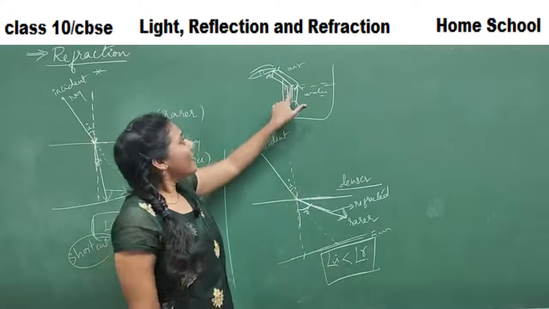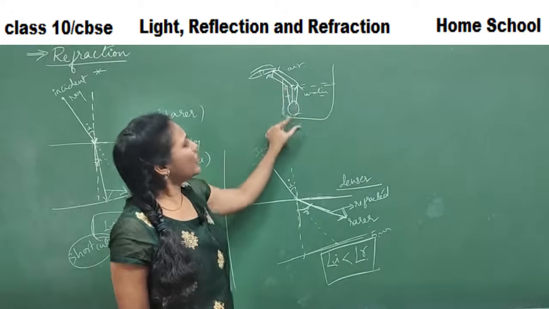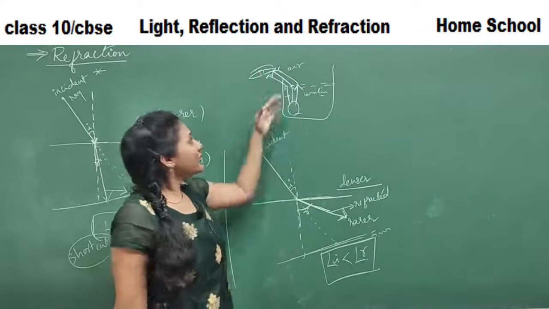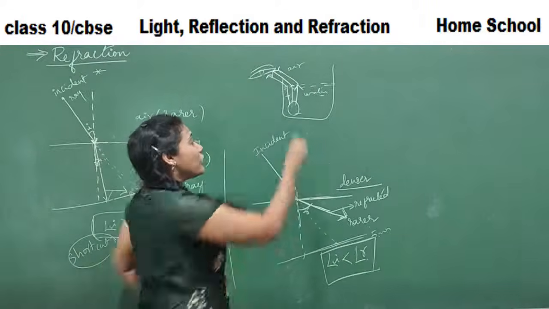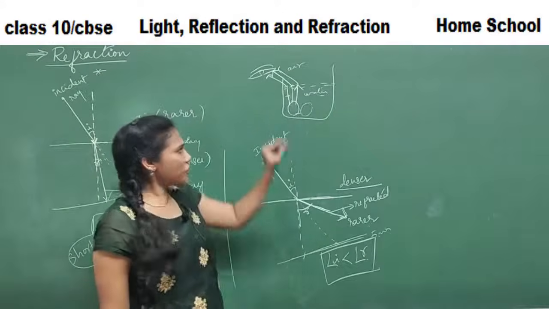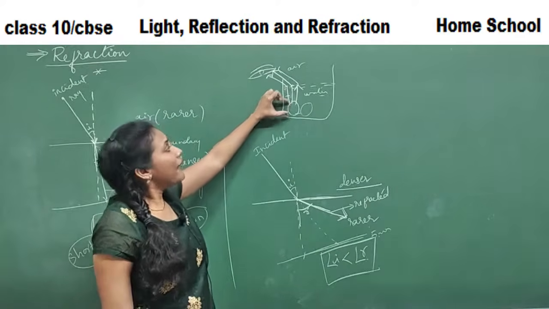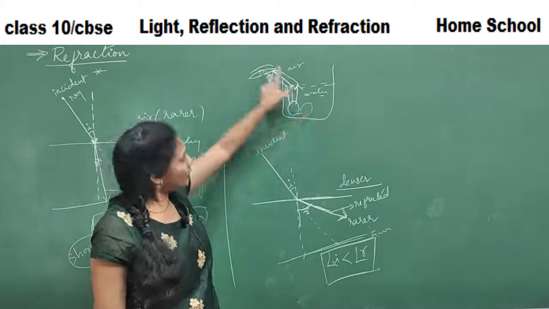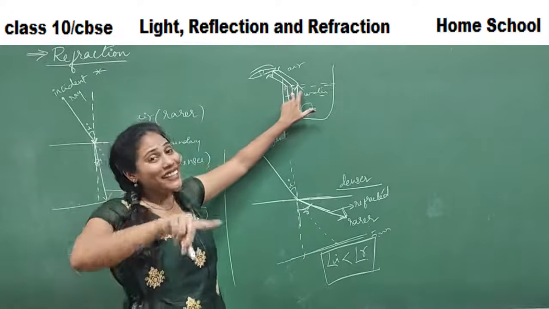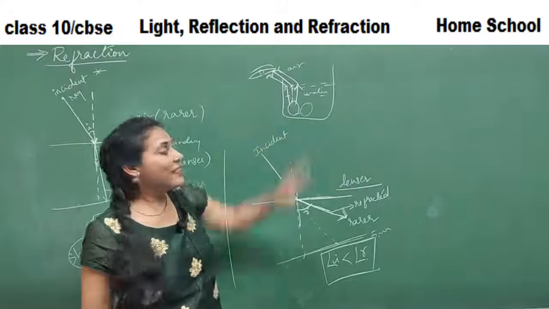But I cannot make out the exact location of the coin. For my eyes, the coin appears to be here. Initially the position of the coin is here, guys. But inside the water, I could see the coin in such a way that it is somewhere here.